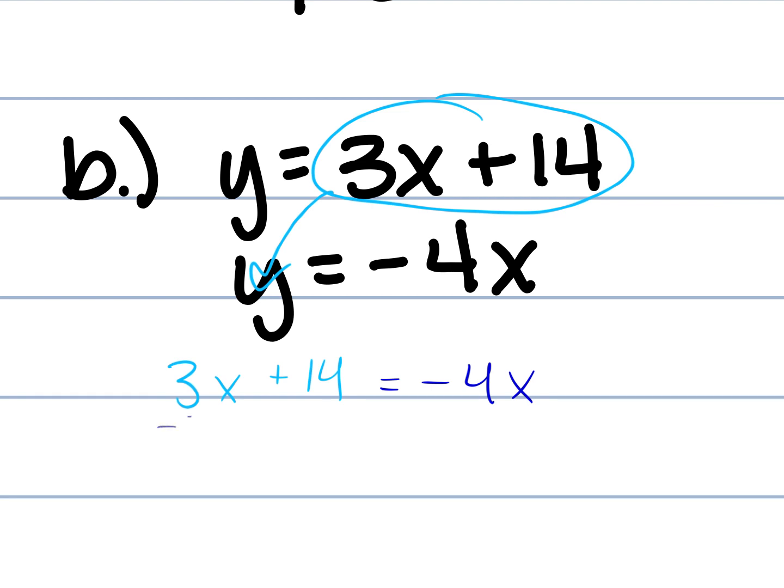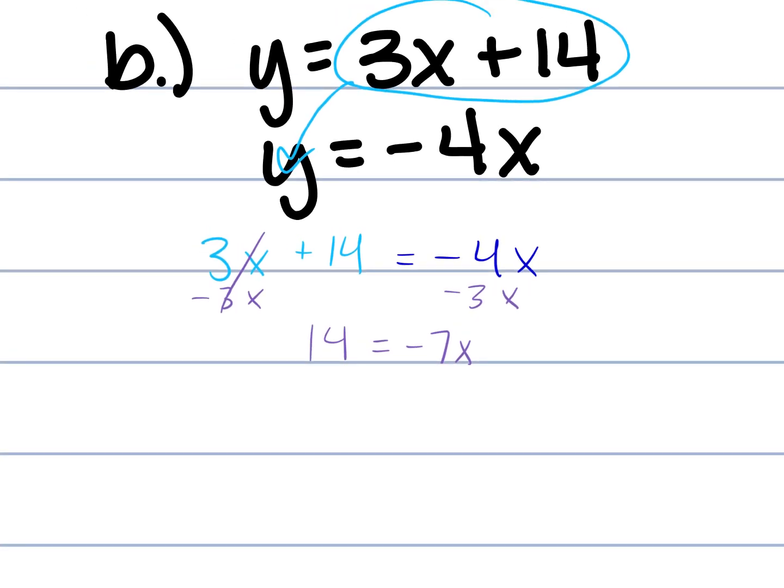I can subtract 3x from both sides. Awesome. Then I have to divide by negative 7. So 14 divided by negative 7 is? So negative 2 is equal to x.